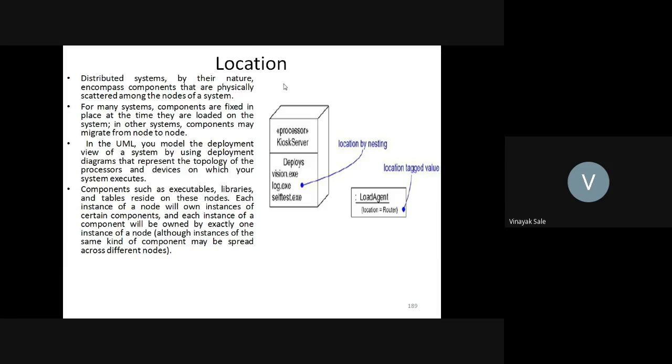Components such as executable libraries and tables reside on these nodes. Each instance of a node will own instances of certain components, and each instance of a component will be owned by exactly one instance of a node. See in this figure, this is nesting location, log.exe, this is vision. This part shows the location. Location is equal to, second part, location is equal to router.